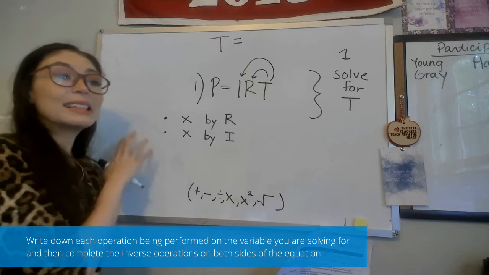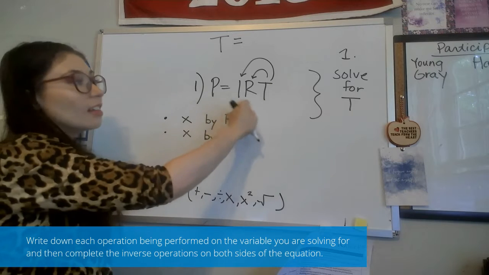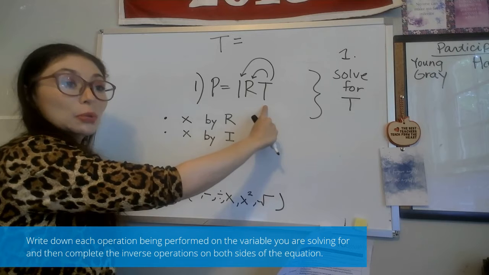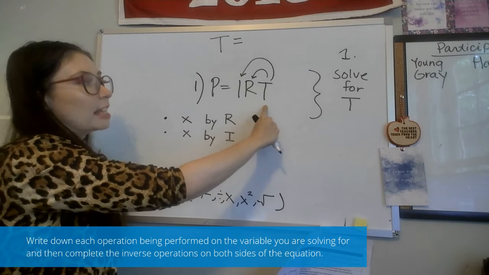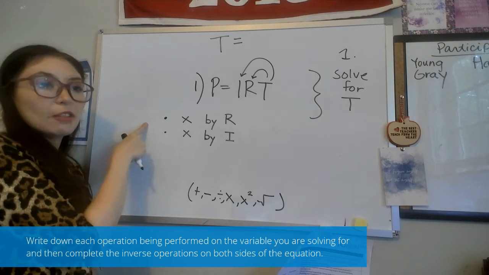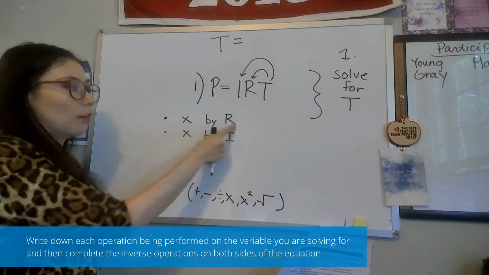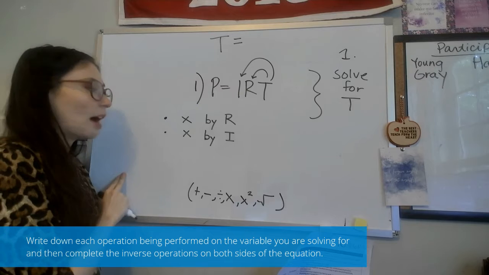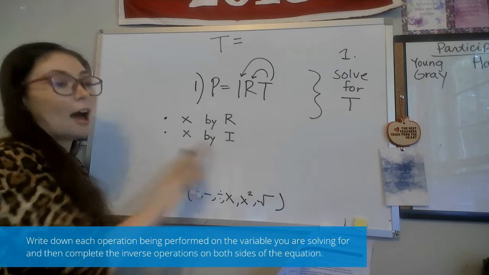We're going to list it. So if I look at T, I'm going to ask myself, what is happening to T? In this case, T is being multiplied by R, so the first operation I wrote down is it's being multiplied by R. It is also being multiplied by I, so I wrote it's being multiplied by I.